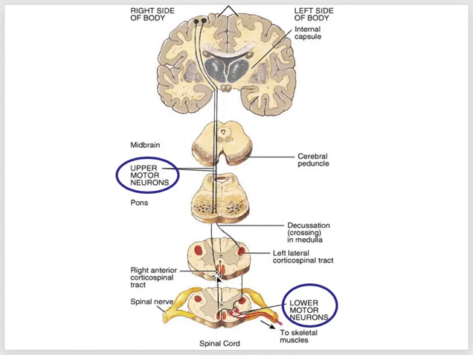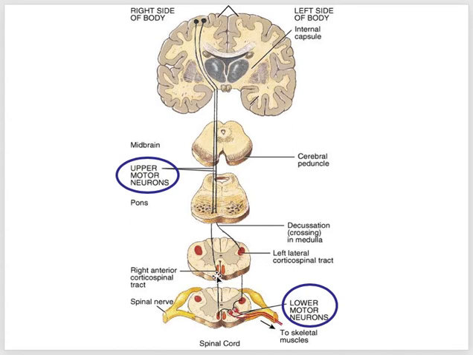Now there is one more thing called the extrapyramidal system. The extrapyramidal system basically controls the involuntary movements. For example, they maintain the muscle tone, which is important.